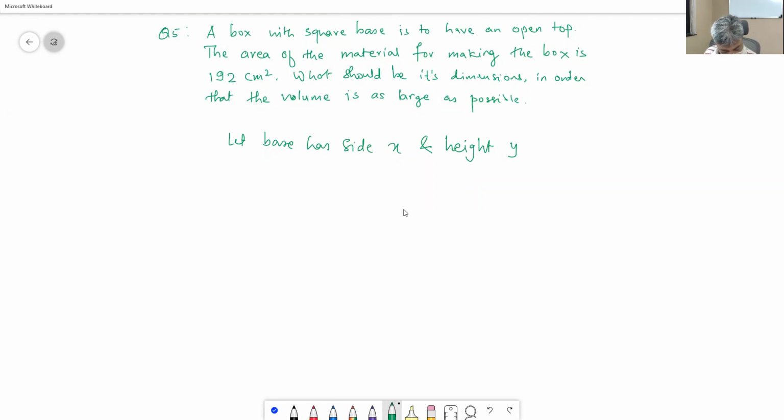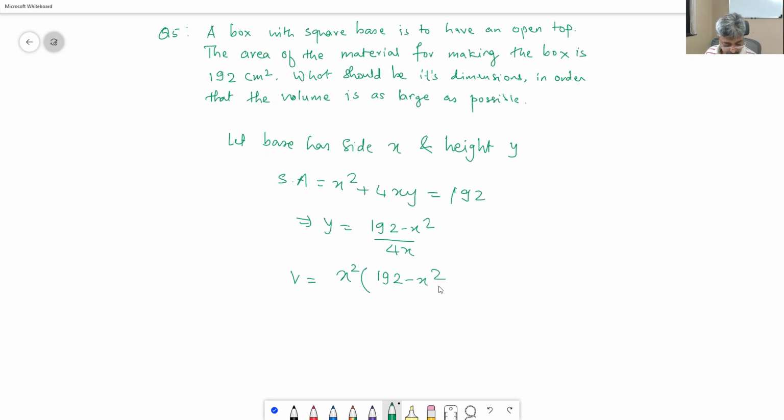Therefore total surface area x square plus 4xy is equal to 192. This gives us y is equal to (192 minus x square) upon 4x. Volume V is equal to x square into (192 minus x square) upon 4x.